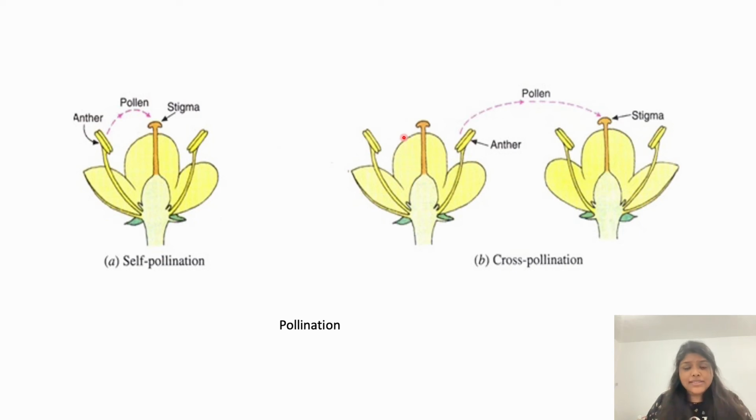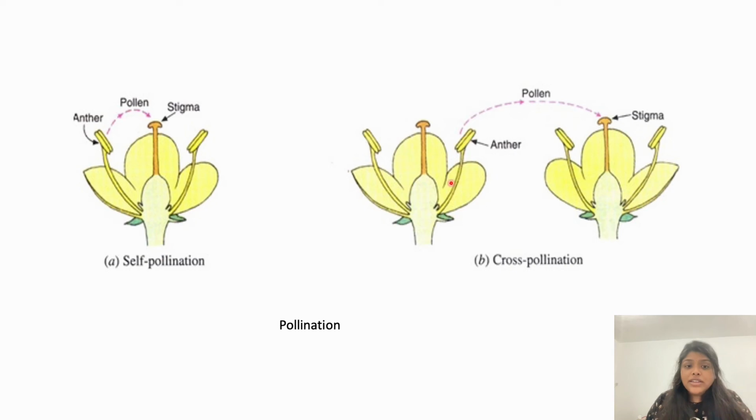Sometimes we also act as pollinators, or any birds, or anything which facilitates the transfer of pollen from one flower to another flower, or within the same flower also, will be called pollinators or pollinating agents. The bright colors of the sepals or petals actually help in this pollination process, because they help attract different insects or birds to the flower, so that the pollination process can go about smoothly.